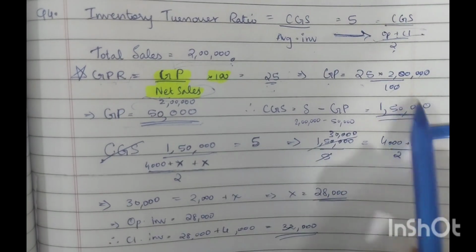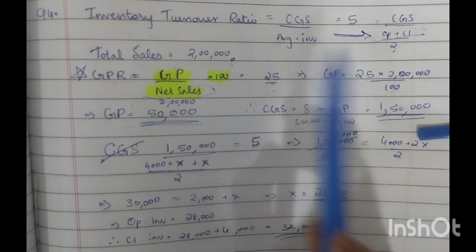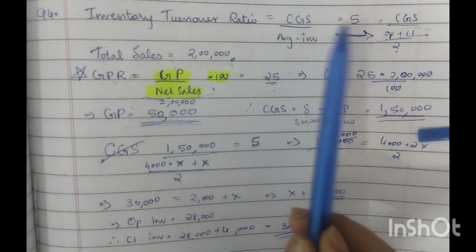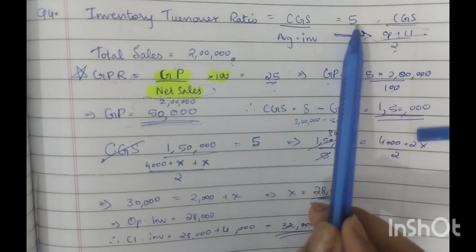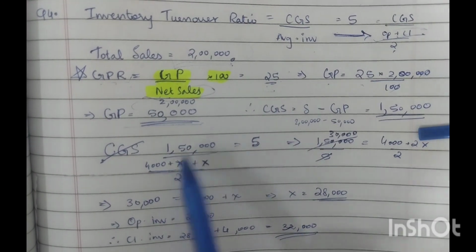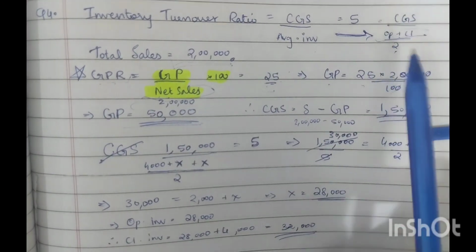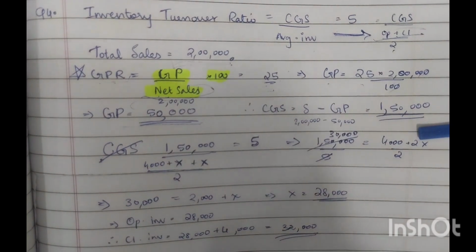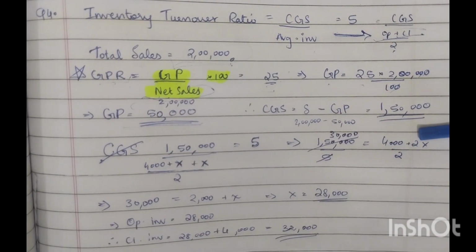Now substituting this information in our inventory turnover ratio, we know that 5 times is equal to our CGS 1,50,000 by our opening and closing inventory by 2. So let's go into what they've given us for the opening and closing inventory. It has been indirectly stated to us that closing inventory is more by 4,000 than the opening inventory.